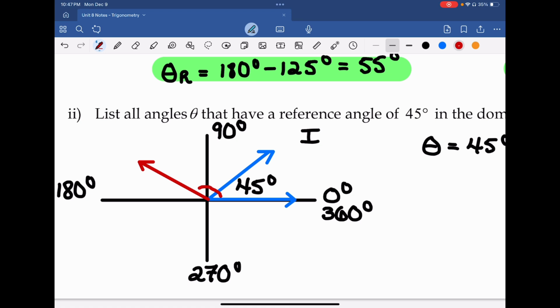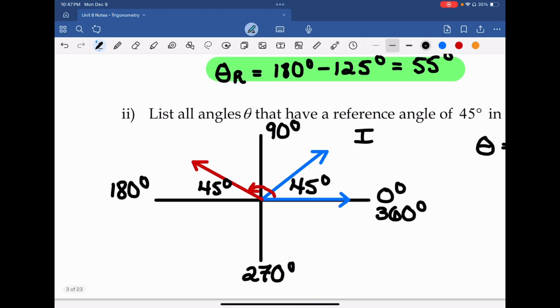We're going to go over to quadrant number 2, put our arrow on the end, and rotate this way. To get this angle, we know that the reference angle tucked in here between the x-axis and the terminal arm is 45. How far did we have to rotate?